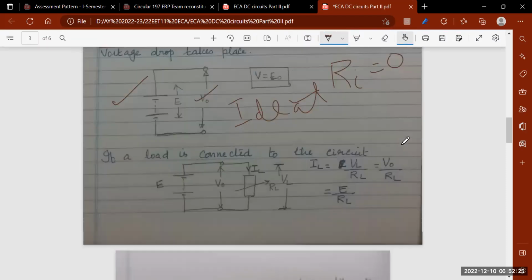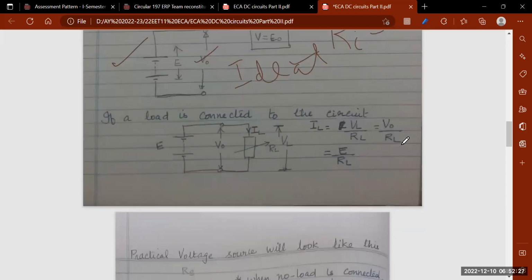Okay. If a load is connected to the same circuit, the current IL flows through this load, V0 is the terminal voltage, and VL is the voltage across the load. Now what is IL? IL equals VL by RL, and since VL and V0 are at the same potential, I can write it as V0 by RL.